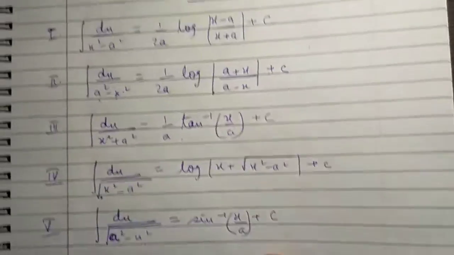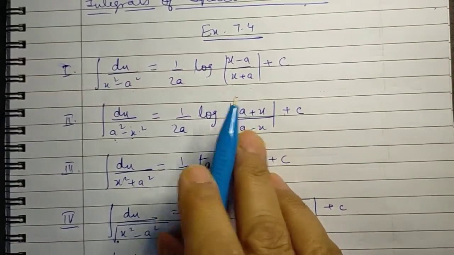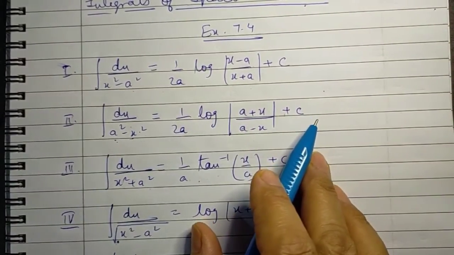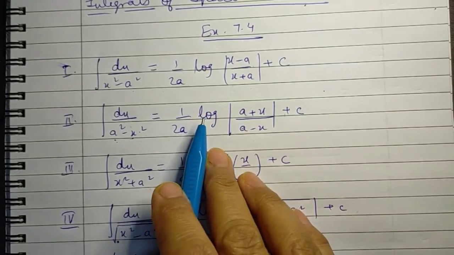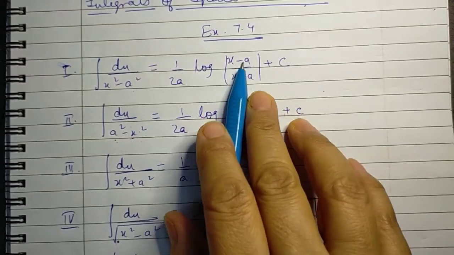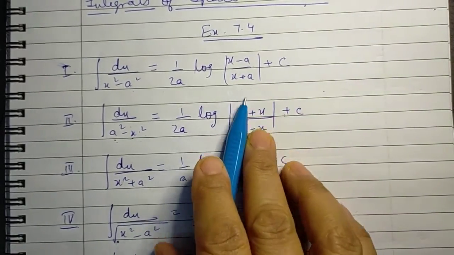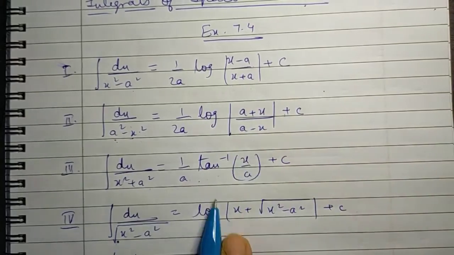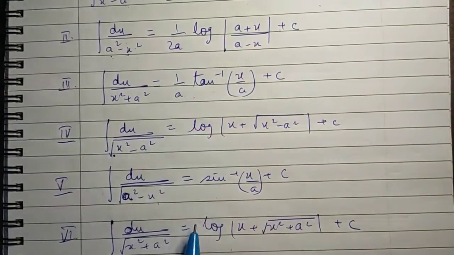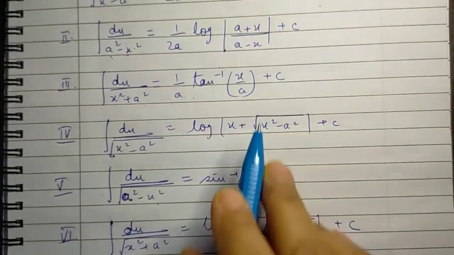But in case of the slightest doubt, rather than using a wrong result and getting the whole question wrong because of that, it will be advisable to derive it then and there and see whether the minus or the plus sign is in the numerator in these two cases, or whether there is a coefficient or no coefficient in case of the tan inverse and sine inverse results.